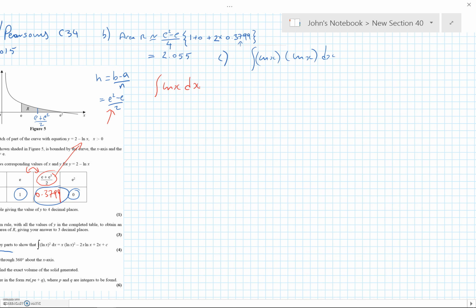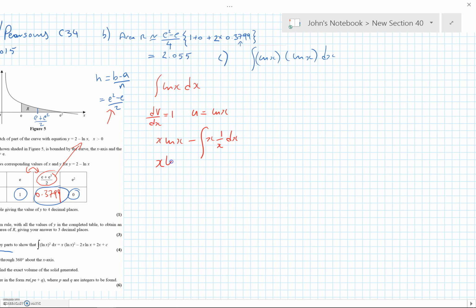If we integrate that by parts, we can say that dv by dx equals 1, and u equals ln x. Then it's going to be uv, which is x ln x, minus v, which is x, times the integral of 1 over x, dx, which is the integral of 1.